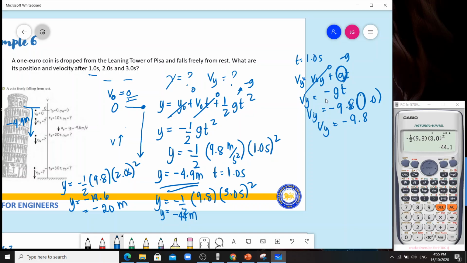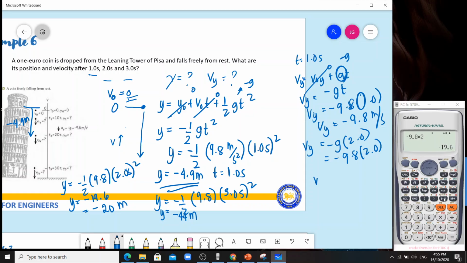Negative 9.8 meters per second. And v y at 2 seconds is negative g times 2.0, negative 9.8 times 2, which is 19.6.